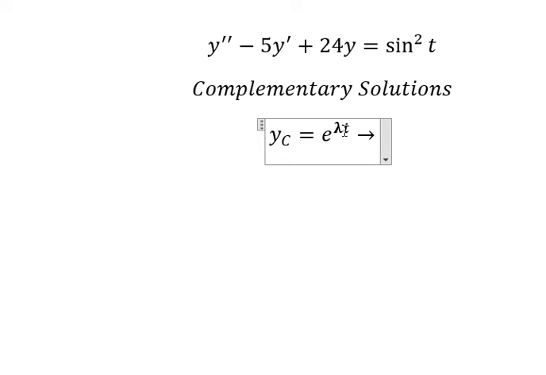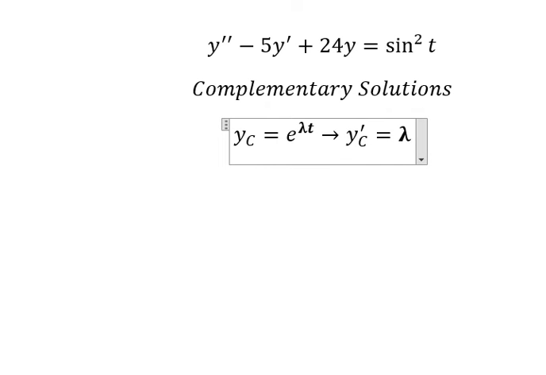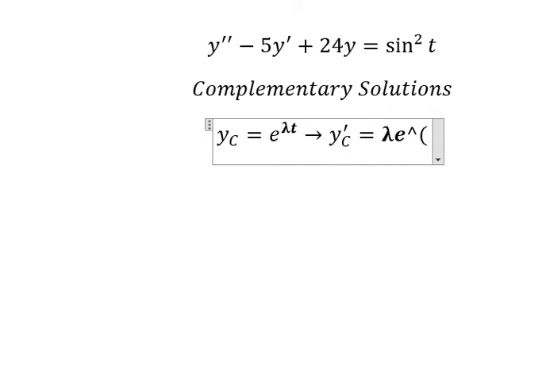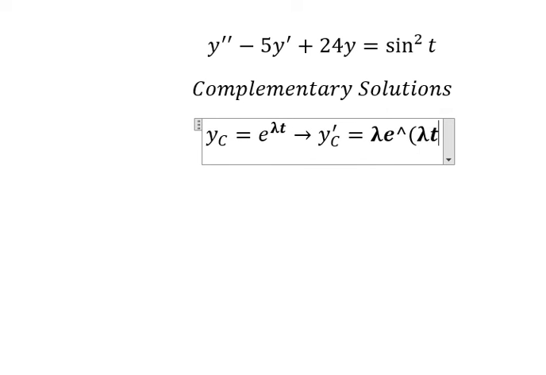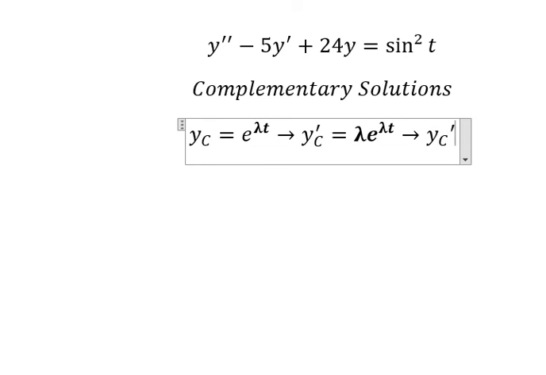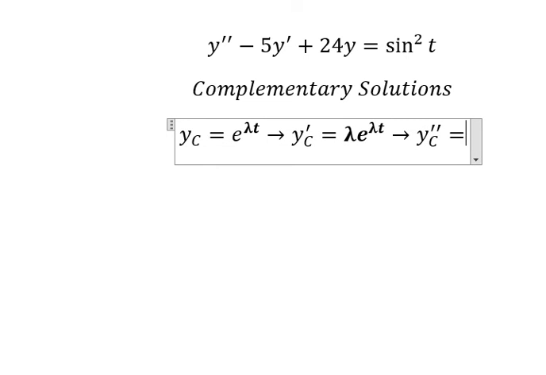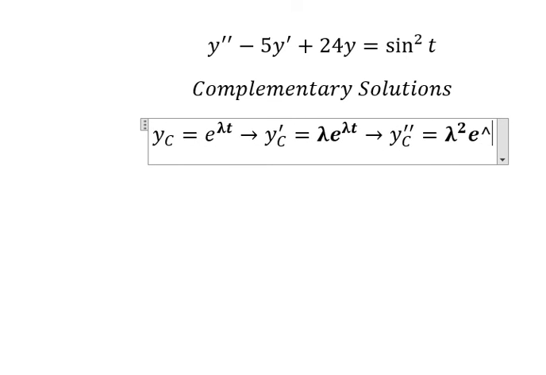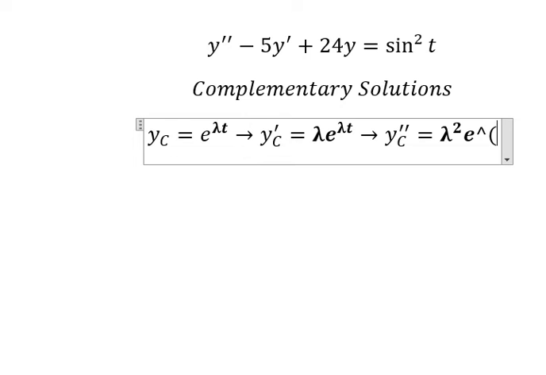So if we do first the derivative of this one, we have lambda e to the power of lambda t. Later, if we do the second derivative of this one, we have lambda square e to the power of lambda t.